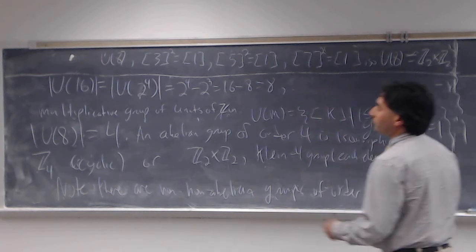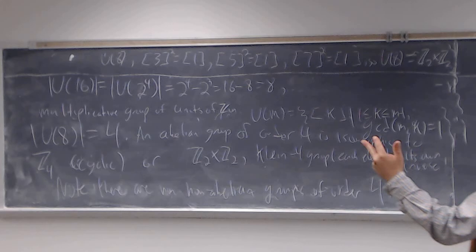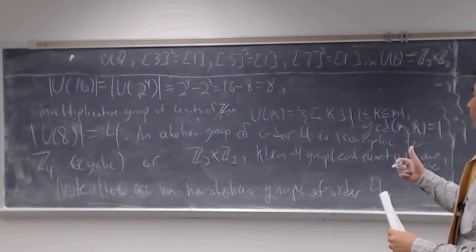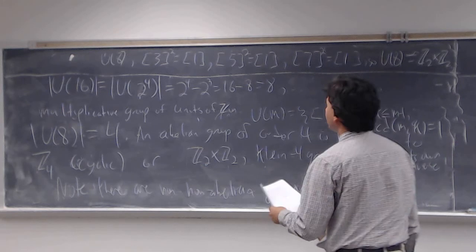What do we have? We have all the odd ones: 3, 5, 7, 9, 11, 13, 15, and what did I say? I didn't say the easy one, 1. So those are the elements.